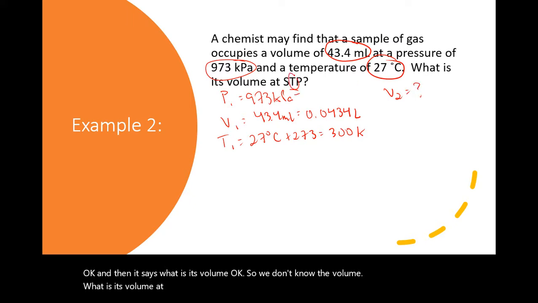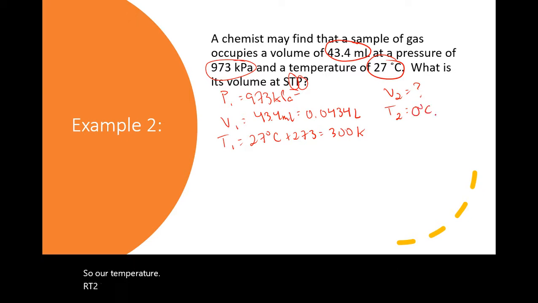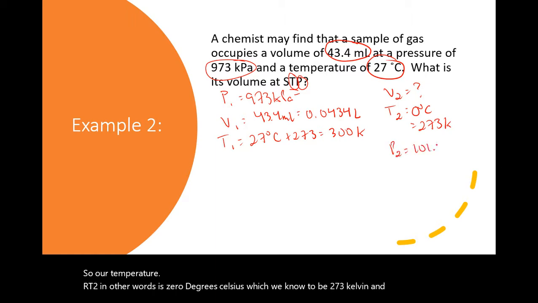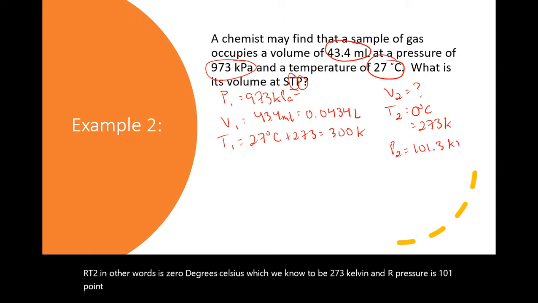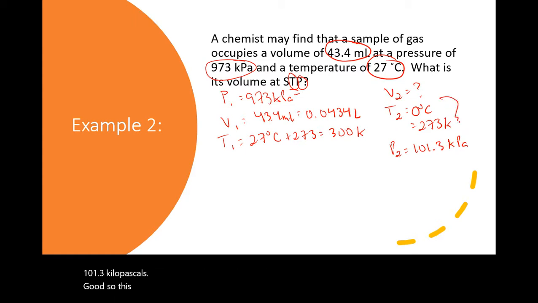Now, STP tells us temperature and pressure without actually saying it. So our temperature, our T2 in other words, is 0 degrees Celsius, which we know to be 273 Kelvin, and our pressure is 101.3 kilopascals. Good, so this tells us these are our STP conditions.